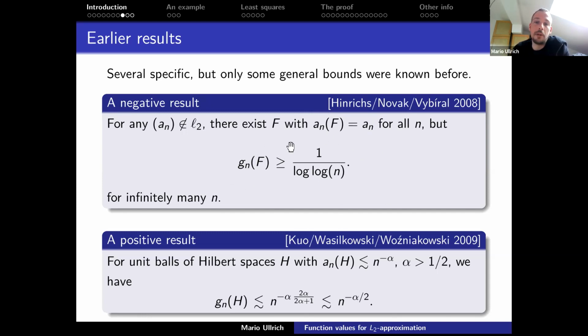Here's the double log. So that's basically useless. Function values are useless, although the approximation numbers have a decay like 1/√n. The sequence a_n equals 1/√n is close to a sequence that's not in L2, so you already find a space where it is not possible.